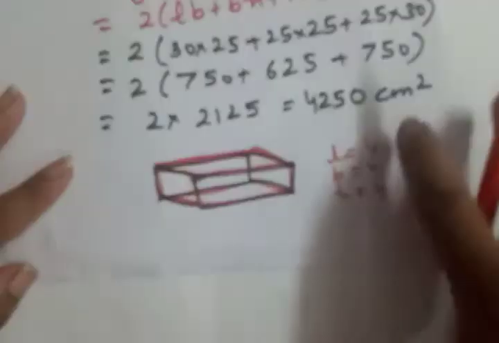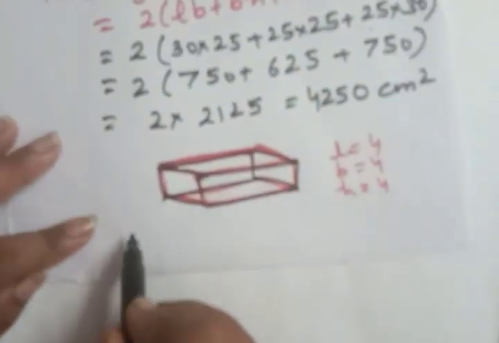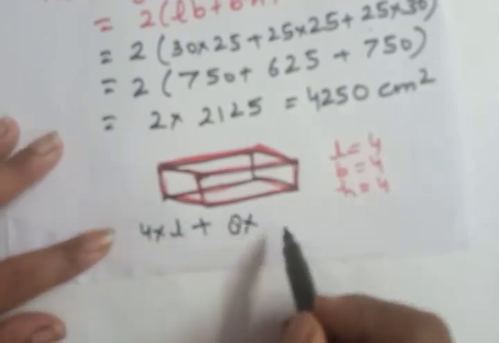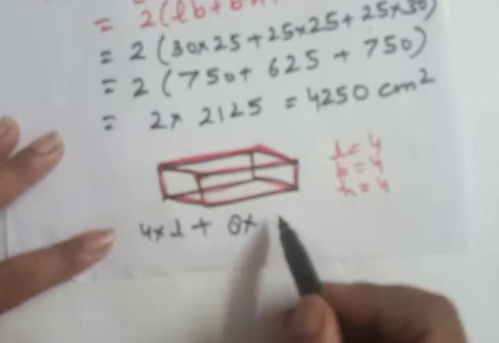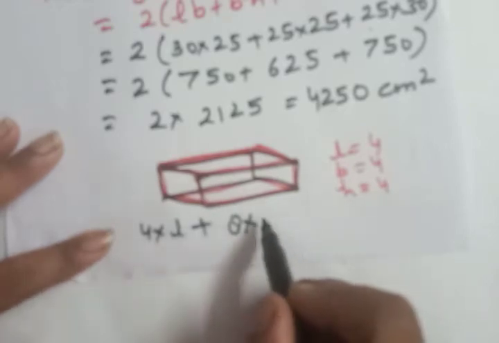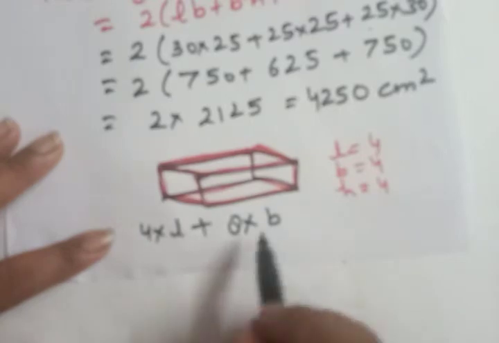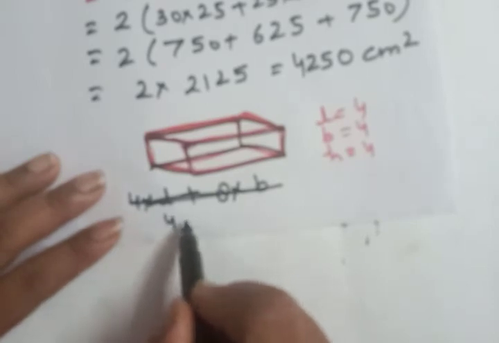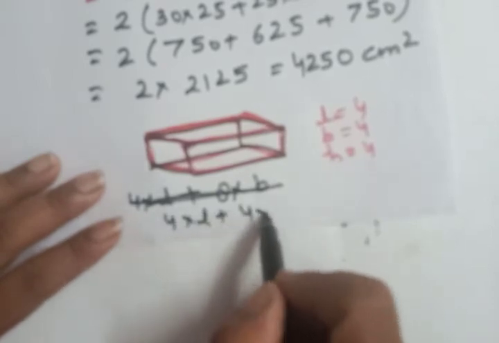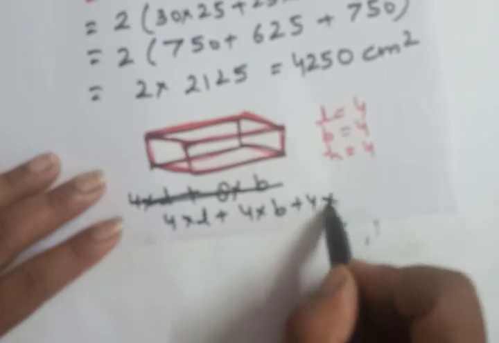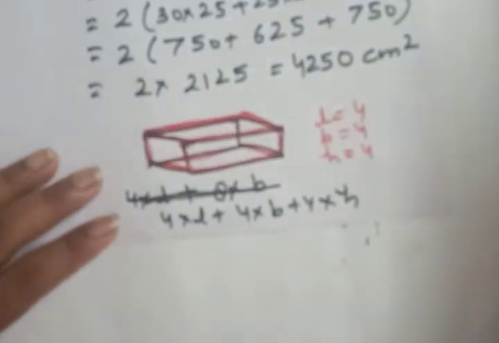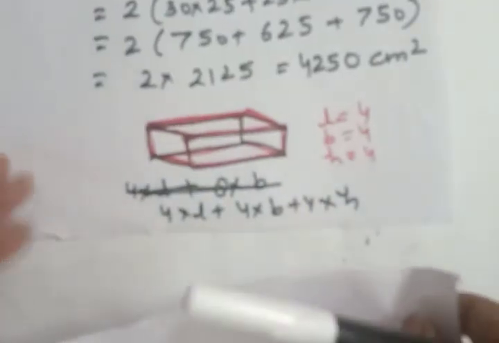So we can write 4 into L plus 8 into breadth or height. For your conclusion, that is 4 into L plus 4 into breadth plus 4 into height, but the dimensions of breadth and the height are exactly the same.